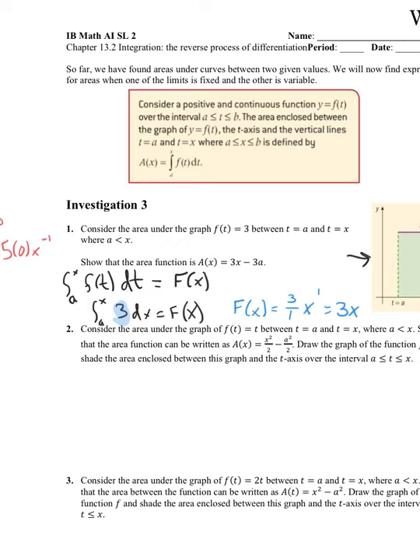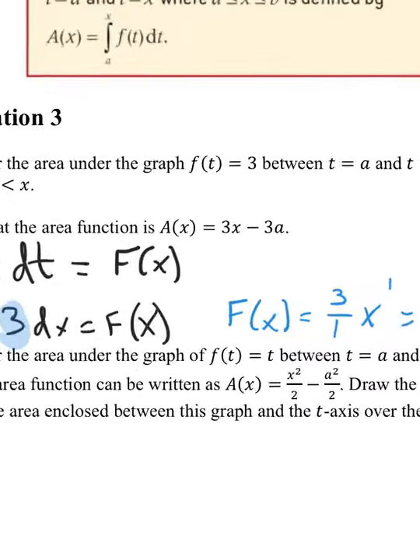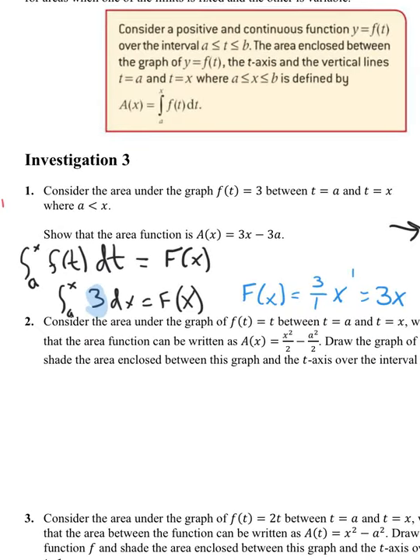Okay, so that's how we would find an integral. I did not leave us a lot of room here, so I'm going to erase this part over here, since it's useless right now.